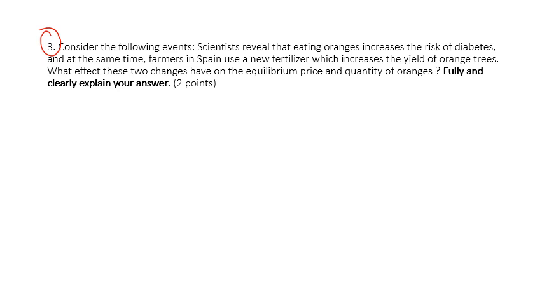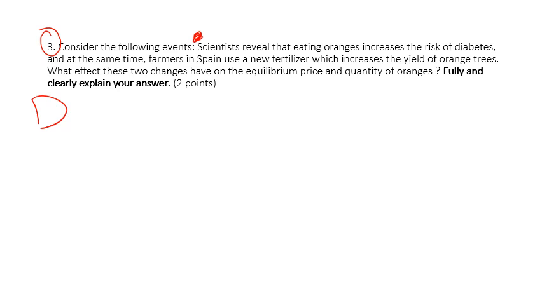So let's identify the first event, and there it is. Scientists reveal that eating oranges increases the risk of diabetes. Well, this is a demand event because this revelation, when disclosed, will affect consumer behavior.